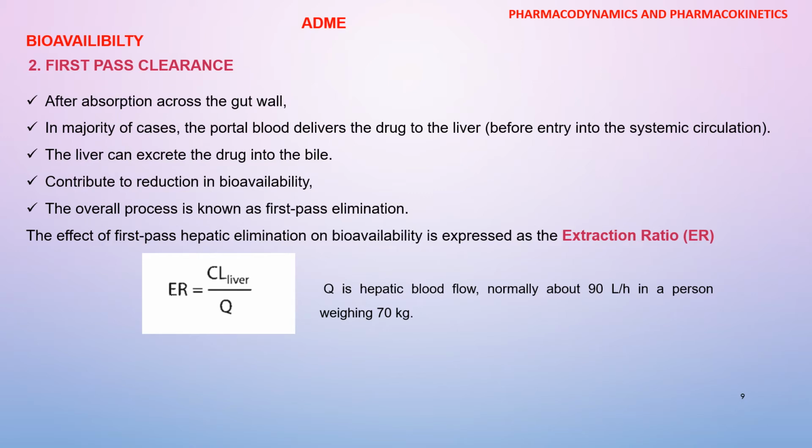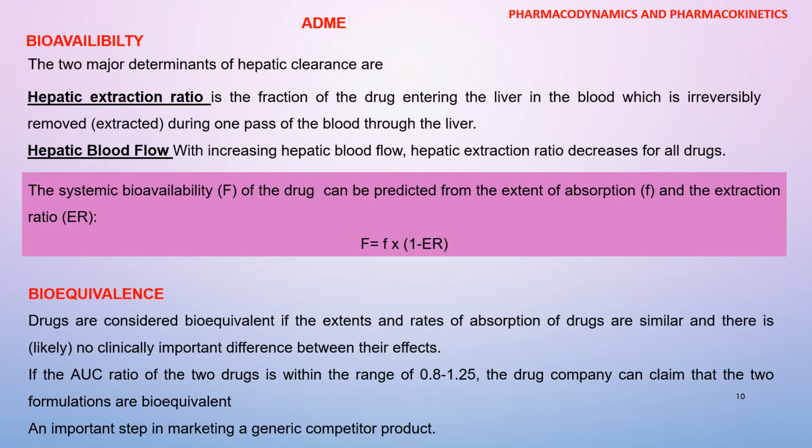The hepatic blood flow rate is normally 90 liters per hour in a person weighing 70 kg. When we talk about hepatic clearance, it depends upon two factors, the hepatic extraction ratio and the hepatic blood flow, as represented in the equation in the earlier slide.